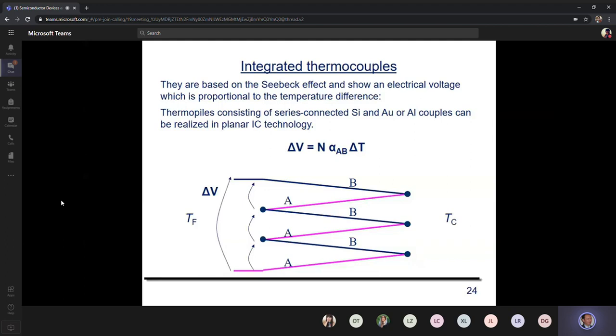So each dot is a silicon aluminum junction, okay? You remember that when you put two different materials in contact, you have a junction and you have a barrier of potential energy for the electrons, okay? So the electrons can more easily cross the junction in one direction and not so easily in the other direction, okay?